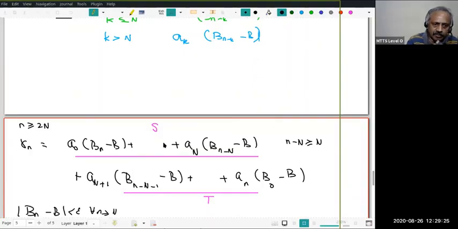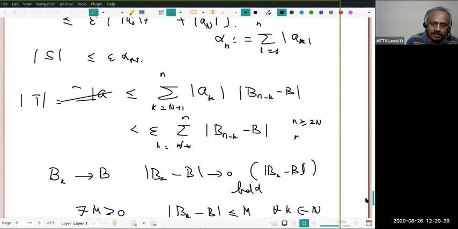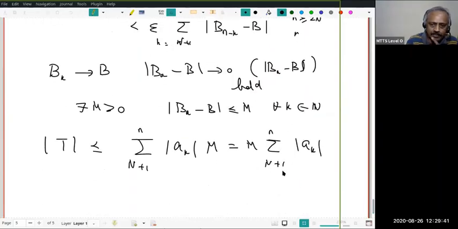Therefore, mod gamma n will be less than or equal to mod s plus mod t. So I want mod gamma n to be less than epsilon. That means I should make sure mod s is less than epsilon by 2, and mod t is also less than epsilon by 2. Do you understand? That means this must be something to do with epsilon. Maybe M times epsilon.